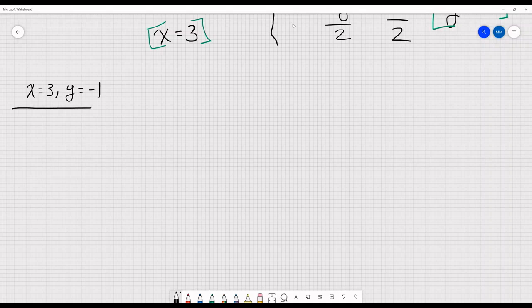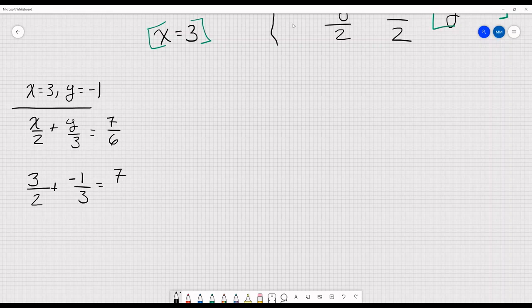So my first original equation said x divided by 2 plus y divided by 3 should give me 7 divided by 6. Plugging in, I have 3 over 2 plus, that'll be a negative 1 over 3. I very much hope that gives me 7 over 6.